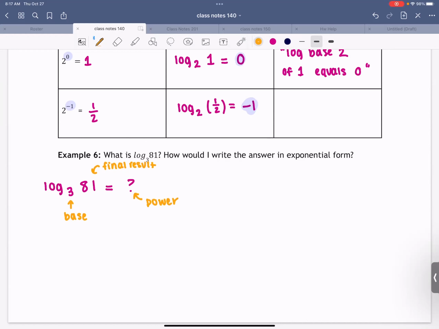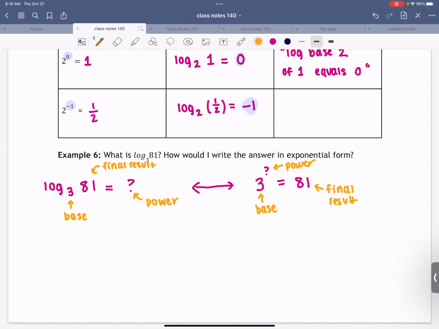So if I wanted to rewrite this using my exponential form, how can I go backwards? 3 to the question mark equals 81, where the base of the exponent is where we normally put the base, the final result is here, and the question mark is still the power.